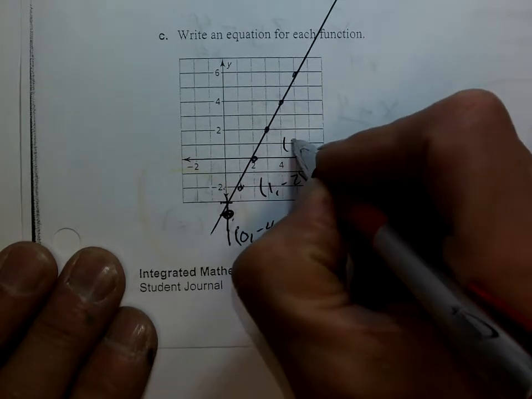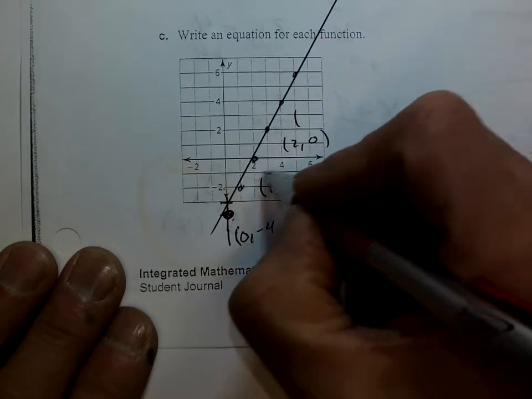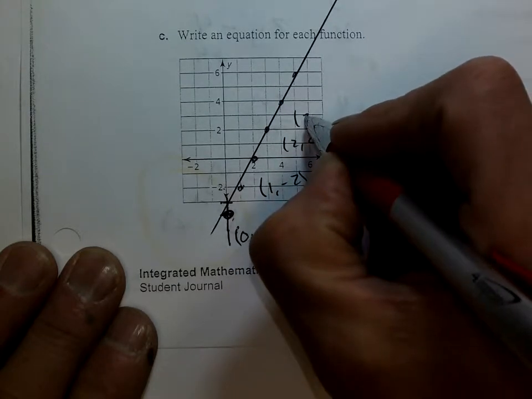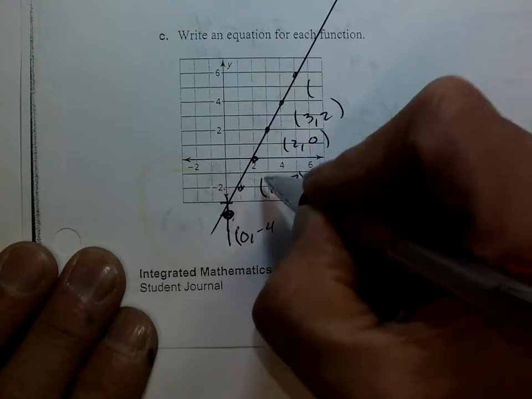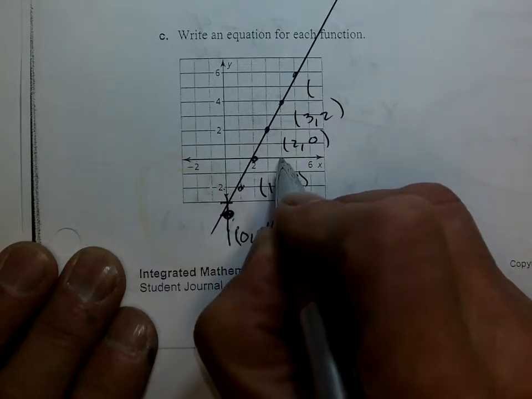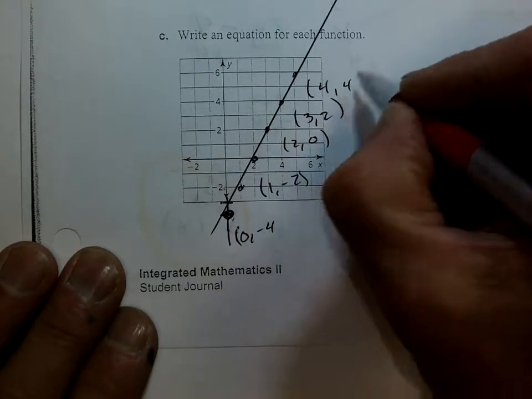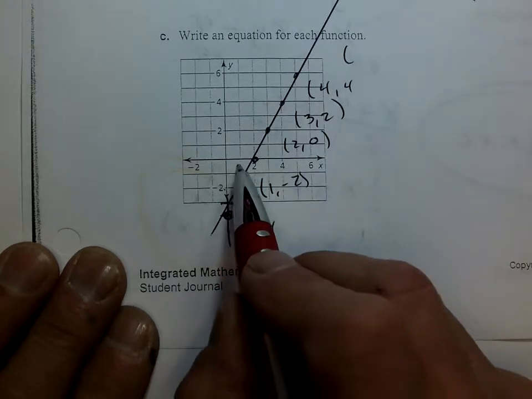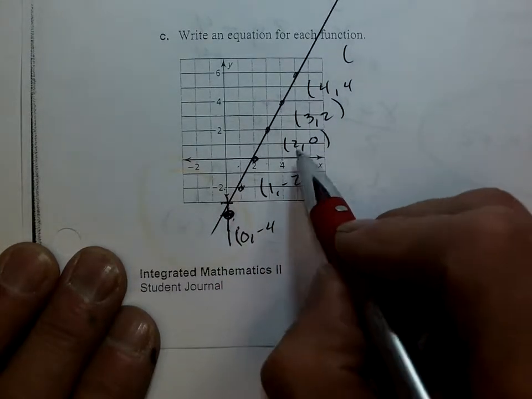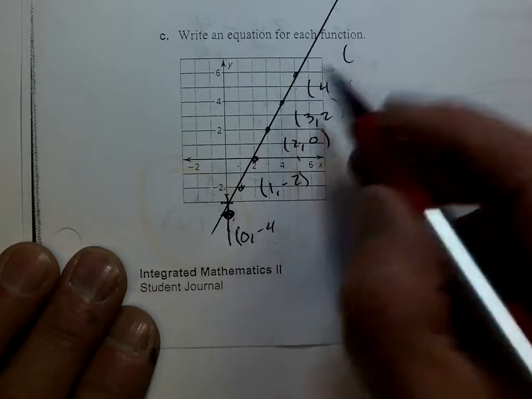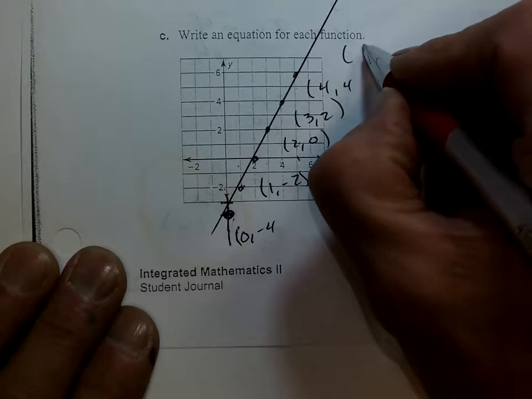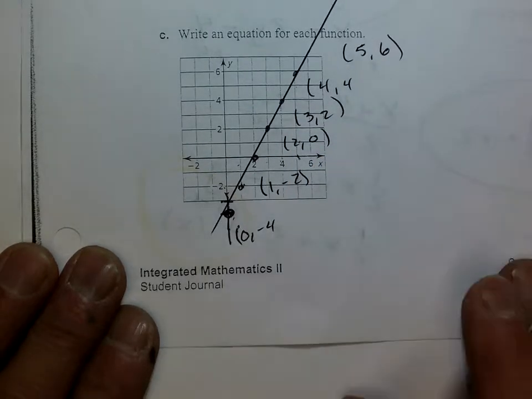Here's a point at 2, 0. Here's a point at 3, 2. Here's a point at 4, 4. And here's a point at 5, 6. Everybody got that?